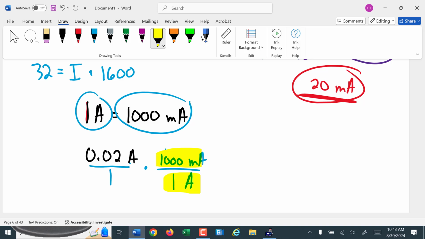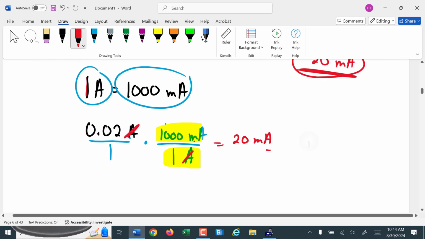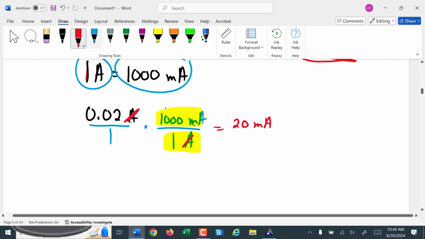We're going to milliamps, so the 1,000 milliamps goes on top. These are equivalent, so this fraction is what we call a unity fraction. The numerator and the denominator equal each other. It's really equal to 1. So multiplying by it will not change our value. It'll just change the appearance.